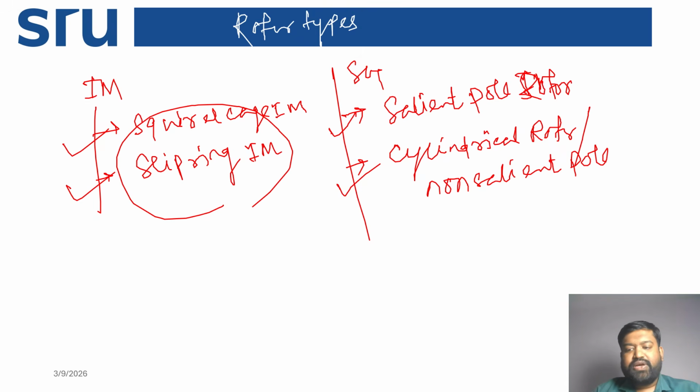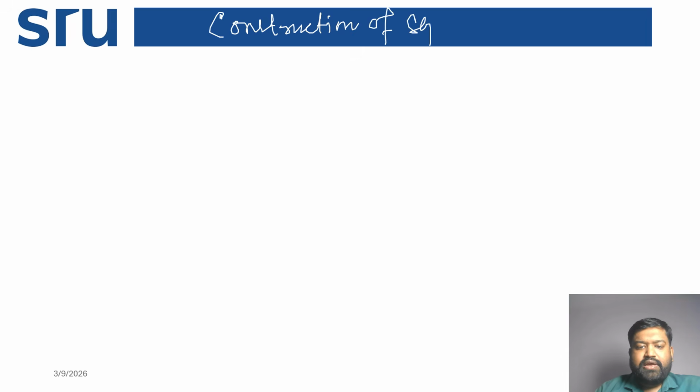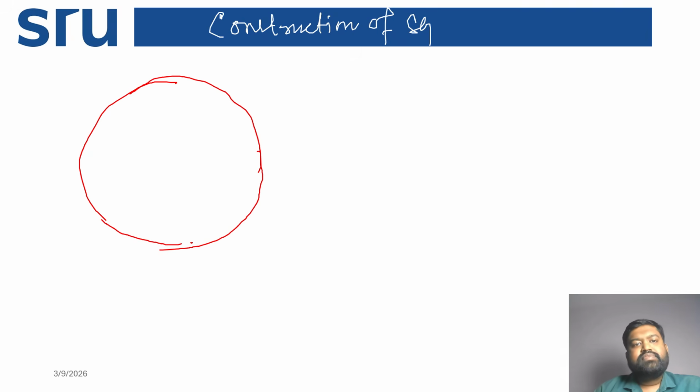Now coming to the next, the construction, first you will understand. Okay, in the construction, give a heading of construction of synchronous generator here. Now you see, if I draw the construction, first definitely there is a stator.